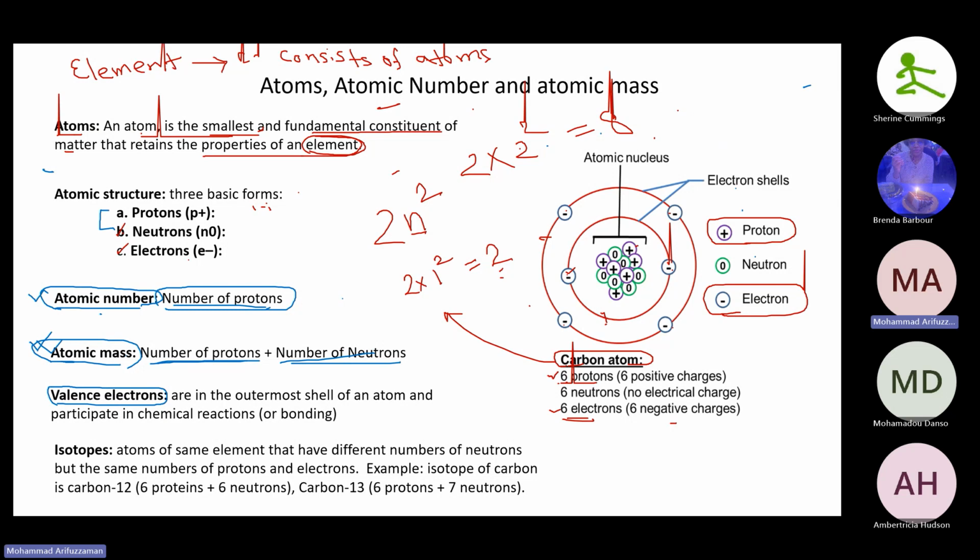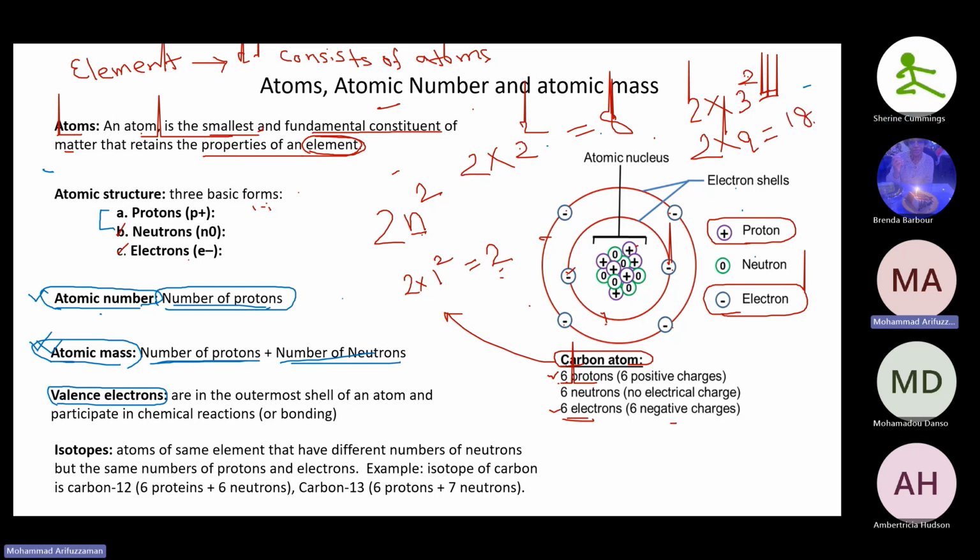Can you calculate the number of electrons in the third shell? These are the maximum capacities. 3 squared is 9, 2 times 9 is 18.